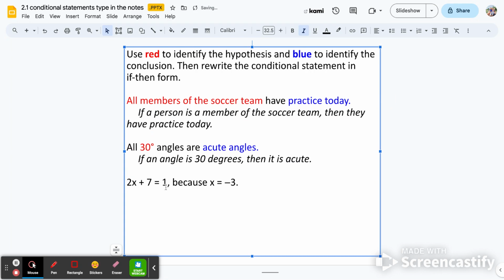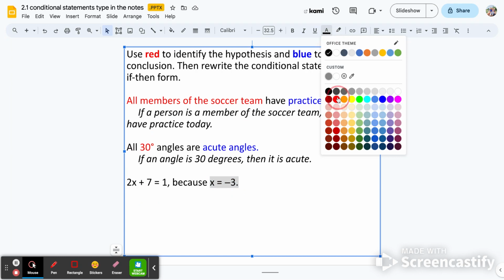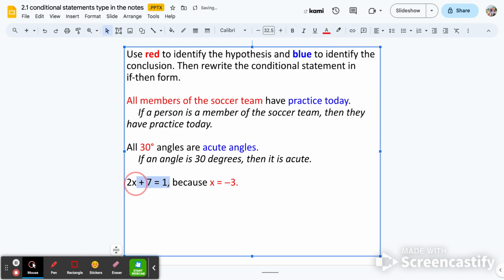The last one, 2x plus 7 equals 1 because x is equal to -3. We're actually going to start with the solution here. x is equal to -3. That is your hypothesis because 2x plus 7 has to be equal to 1. That would be your conclusion.